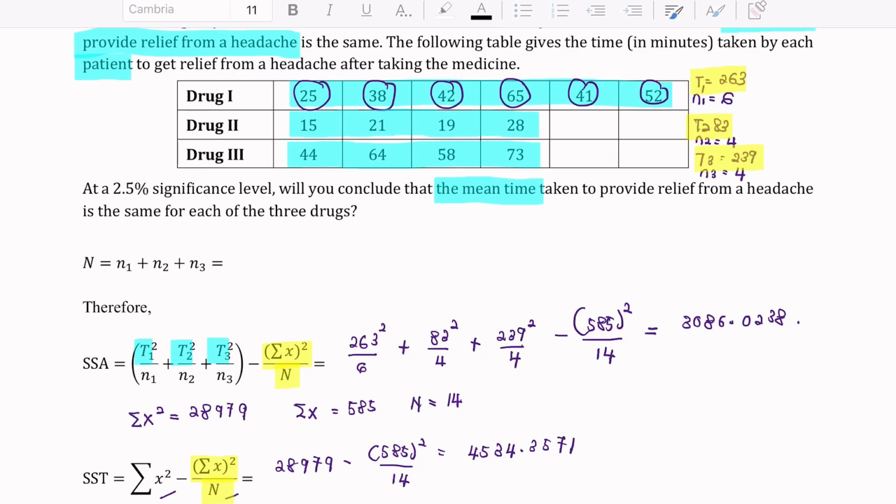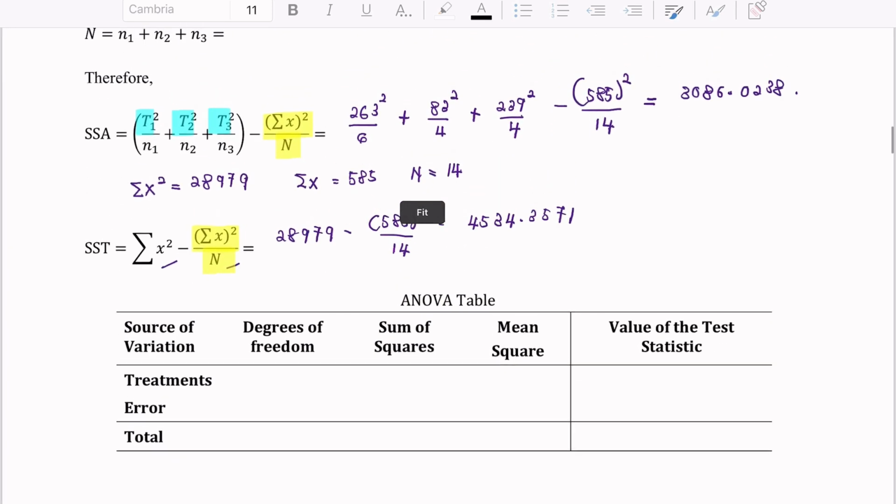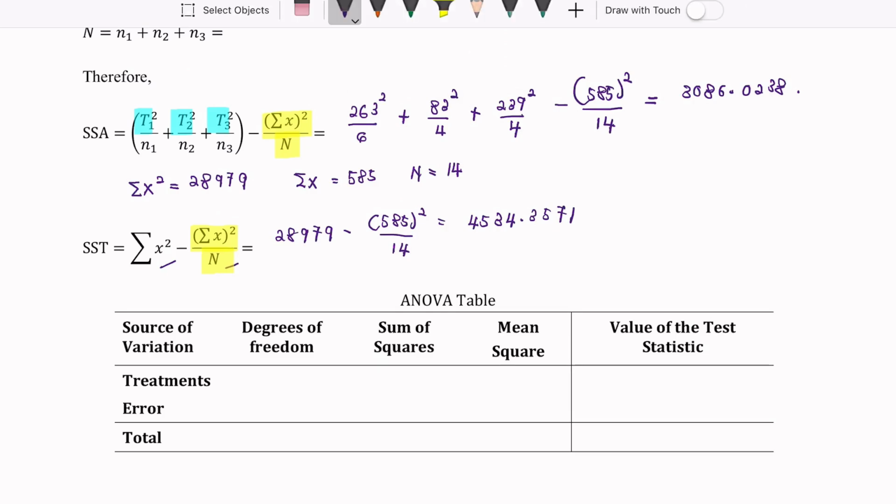All the values that I have here, I will put into the ANOVA table. Total sum of squares is 4534.3571. Treatment sum of squares, 3086.0238.